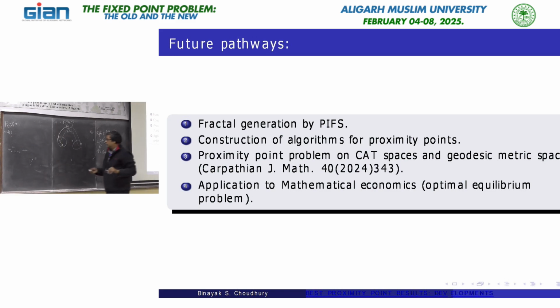Suppose we have a three-dimensional sphere, and let it be filled with water or any fluid, whatever it be. And T from the three-dimensional sphere D3 to D3, filled with water, is a particular continuous function.